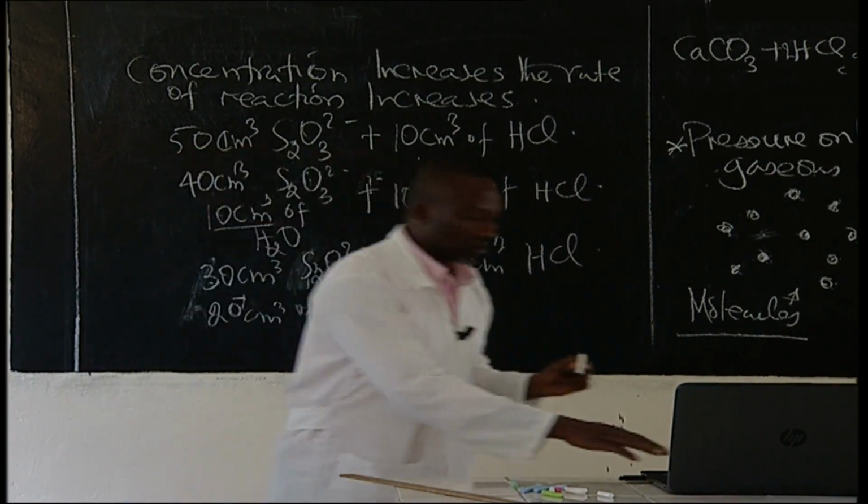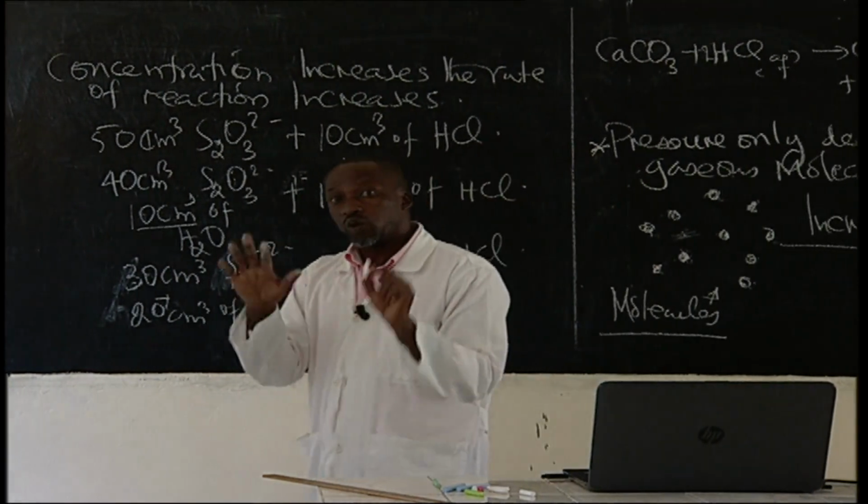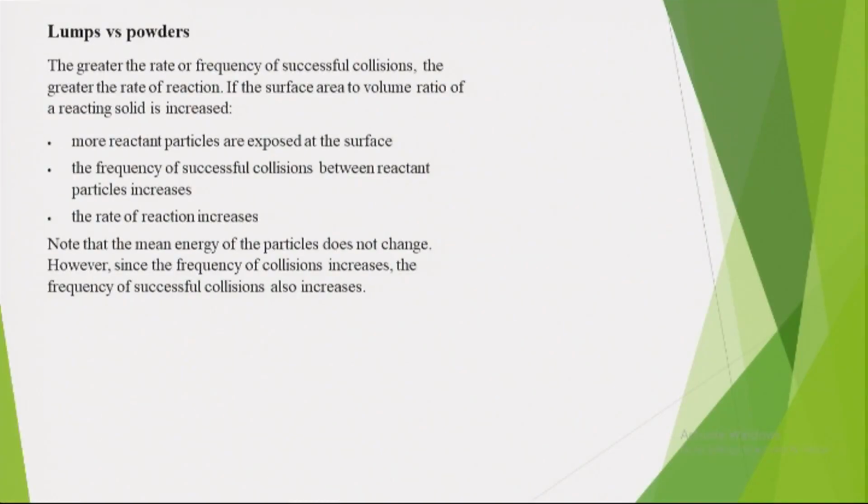So large chunks of this will reduce the reaction rate. The greater the frequency of collisions, the greater the rate of the reaction. If the surface area to volume ratio of a reacting solid is increased, more reactant particles are exposed. That's what I've talked about. The frequency of successful collisions, I've also talked about it. Then the rate of the reaction also increases because of the successful collisions.